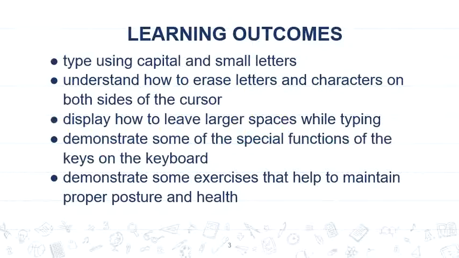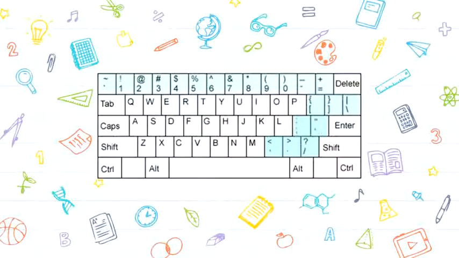At the end of this lesson, you will be able to type using capital and small letters, understand how to erase letters and characters on both sides of the cursor, display how to leave larger spaces while typing, demonstrate some of the special functions of the keys on the keyboard, and demonstrate some exercises that help to maintain proper posture and health.